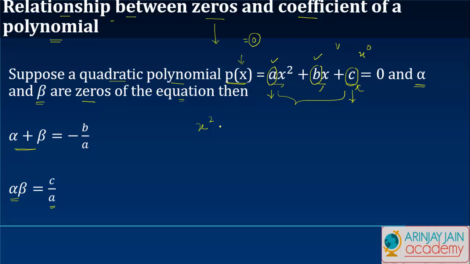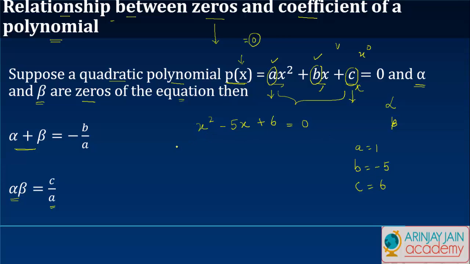So let's say I take x squared minus 5x plus 6 is equal to 0. Let me find out what are the alpha and beta, or basically the zeros of this polynomial. If this is compared with ax squared plus bx plus c, the value of a is equal to 1, b is equal to minus 5, and c is equal to 6.